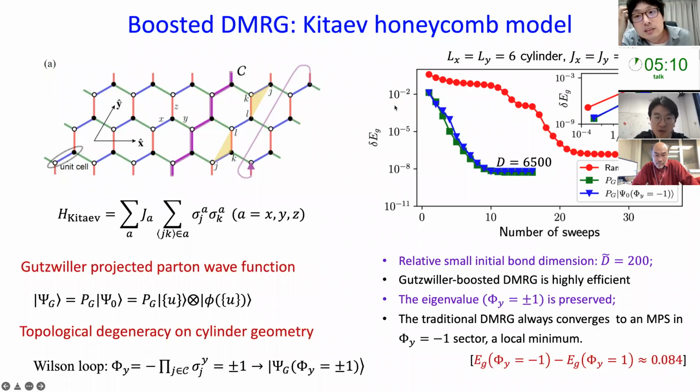Here we only show the energy deviation from the exact energy. So we know the exact energy, and here we just measure the energy deviation from their own exact energy. So they converge to different states. Yes, my question was, it seems to me that the random MPS would be stuck in some local minimum.